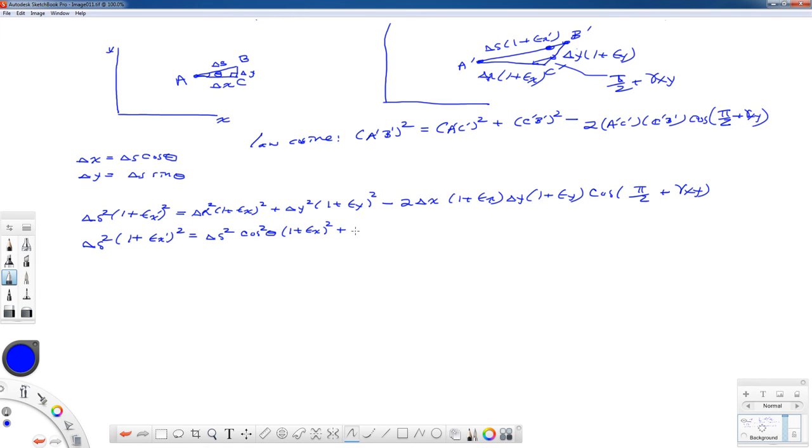With the next term we'll have delta S squared sine squared theta (1 plus epsilon y) quantity squared. Again we get a delta S squared term, but now we have a sine theta and a cosine theta. And then (1 plus epsilon x), (1 plus epsilon y), and then the cosine of the angle in between.